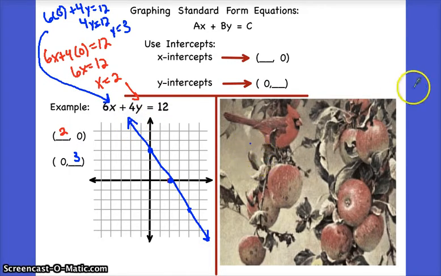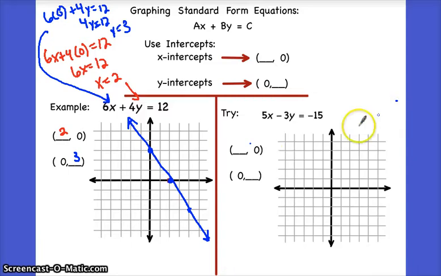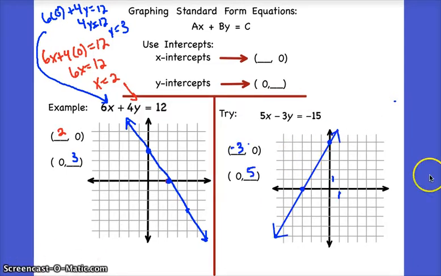Go ahead and pause the video and try using that same idea to graph the equation at the right. As I resume the video, you'll notice that when I plugged in 0 for y, that left me with 5x equaled -15, which means that x equals -3, or -3 comma 0 being my x-intercept.